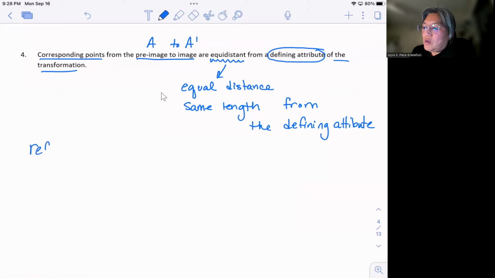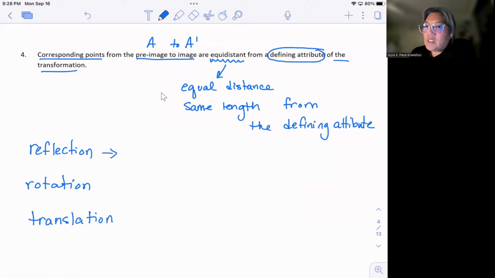So reflection, rotation, translation. A reflection is over a line. A rotation is about a point.